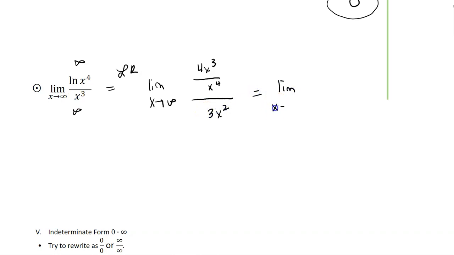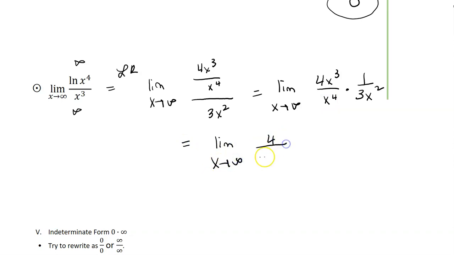So I'll clean that up just a little bit. And I'll get 4x cubed over x to the 4th times 1 over 3x squared. So we'll do some canceling, and I'm going to have 4 over 3x cubed.